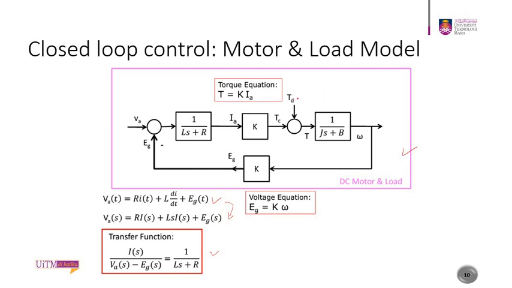So you have your input torque, the output will be speed, and you have EG, the electromotive force, and your VA will be the input also.